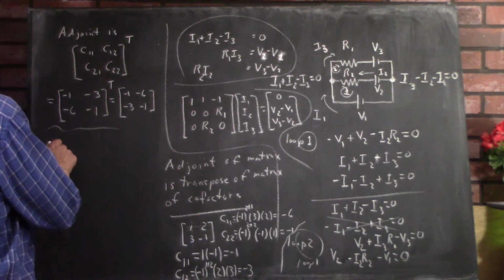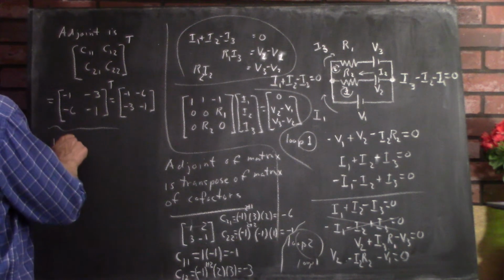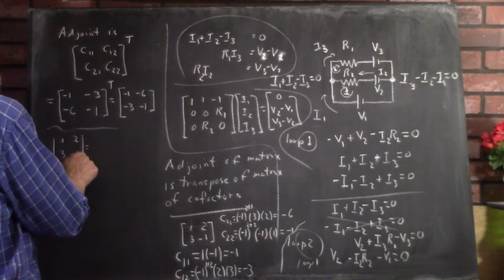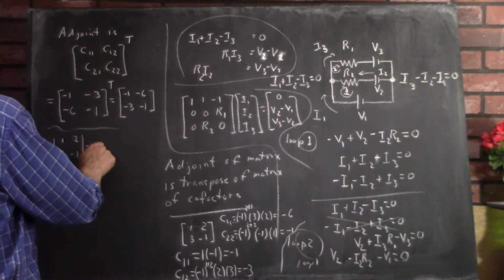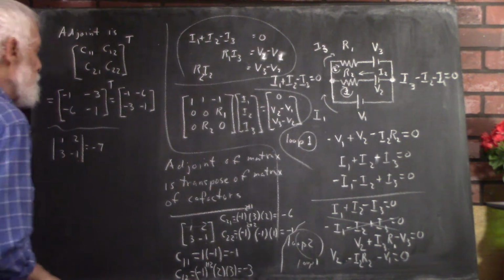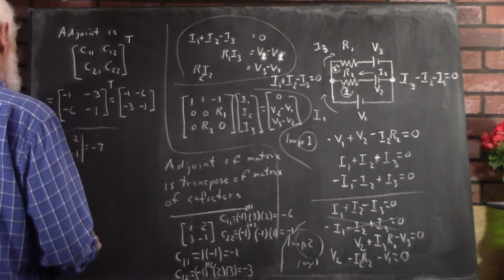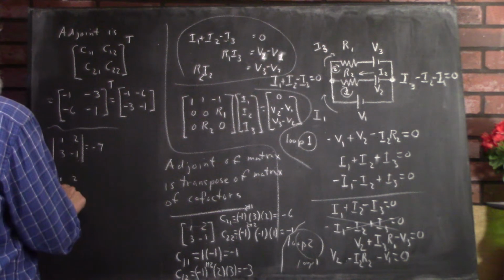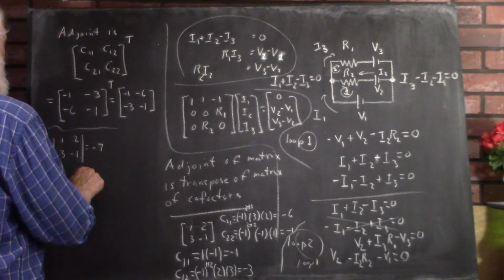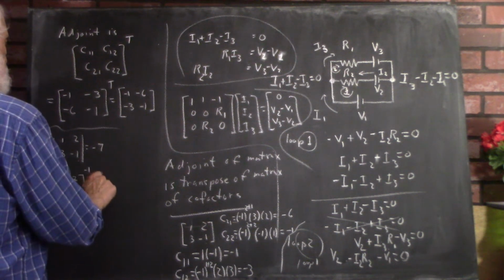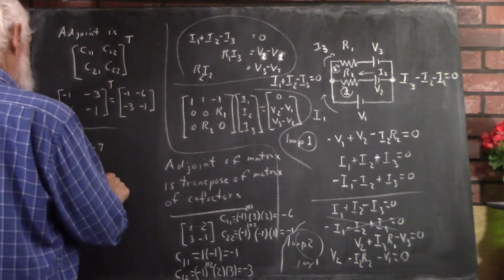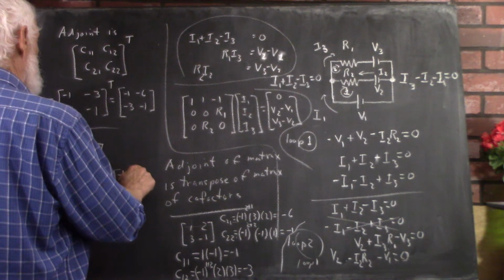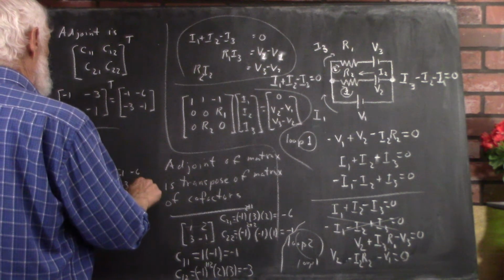Okay, the determinant of your original matrix, 1, 2, 3, -1, is -1 minus 6, which is -7. Okay, so the inverse of this matrix should be 1 over -7 times the matrix -1, -6, -3, -1.